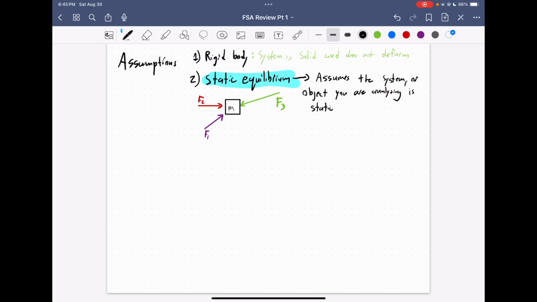And that seems like I just basically extended static equilibrium into a sentence. That's exactly what I did. So what does this mean?